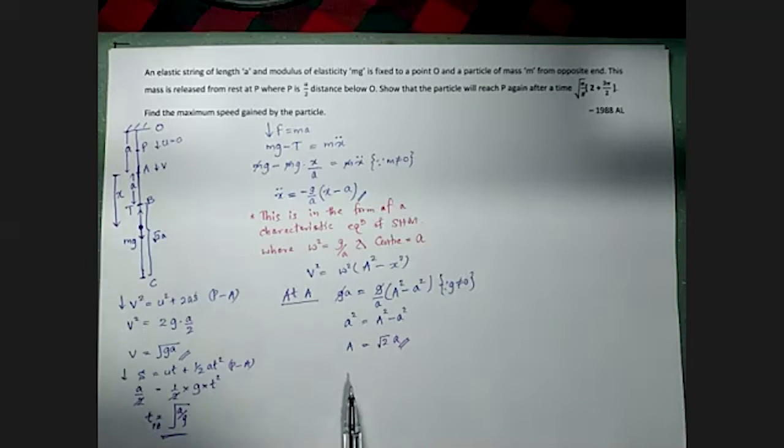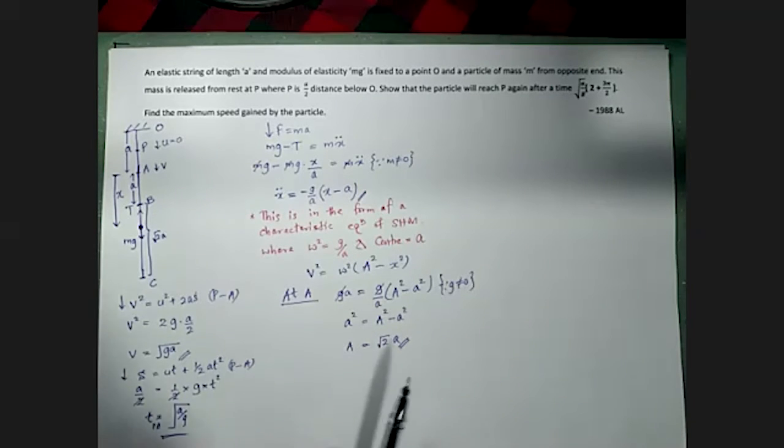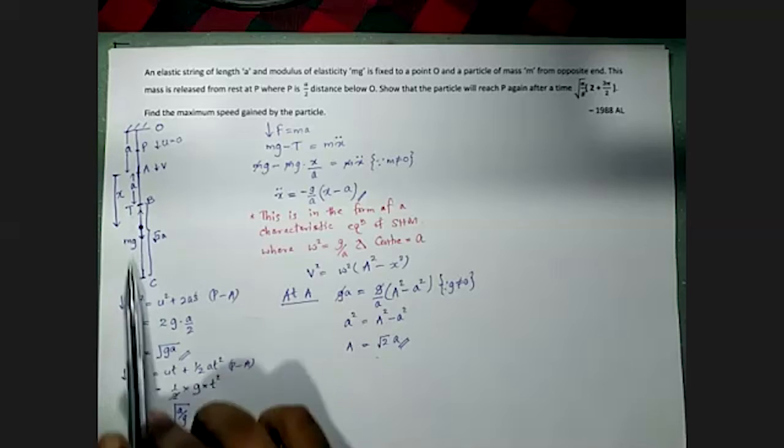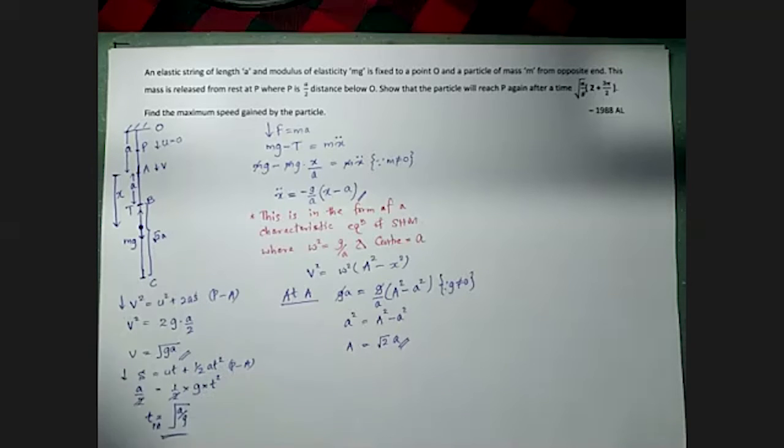Amplitude is the minimum reachable distance by the simple harmonic motion from its center. Amplitude is root 2A. Therefore, center to minimum reachable point is root 2A below.